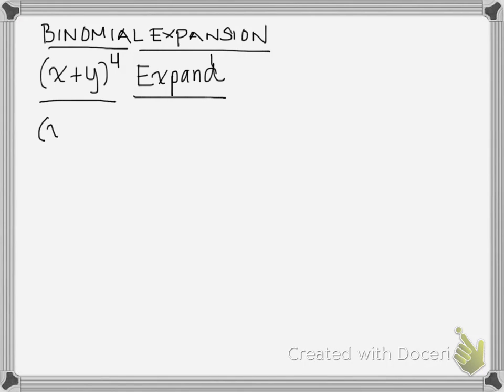Now, of course, you could work this out as x plus y times x plus y and do that 4 times, but I hope that you can certainly see that that would be a pretty painstaking and tedious process, particularly if this exponent here increased to 5, 6, 7, whatever. That's not a calculation that we want to spend our time doing.